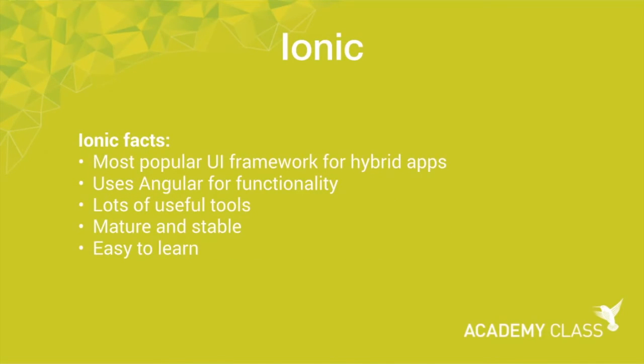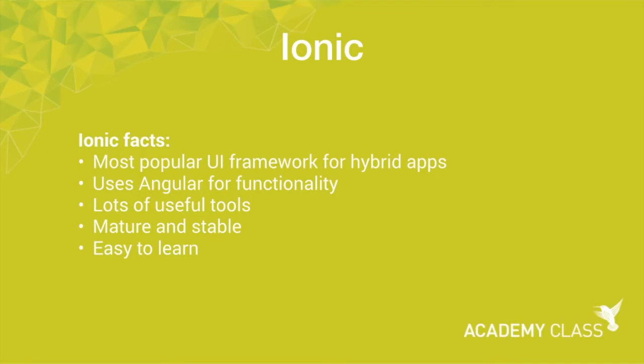So how do people use Cordova? Probably 50% of them use it together with Ionic. Ionic is the most popular UI framework for hybrid apps. You won't be dealing directly with Cordova if you're using Ionic. It has lots and lots of useful tools, so it makes the development even easier.